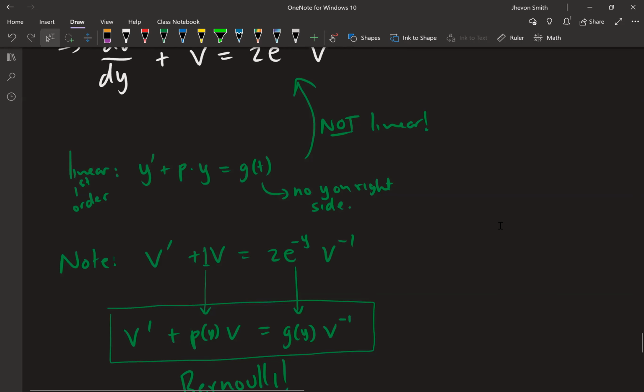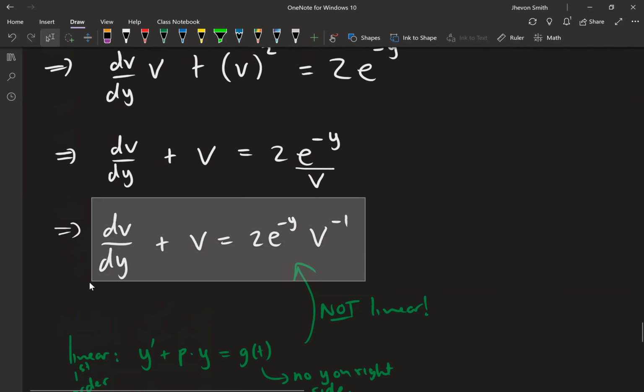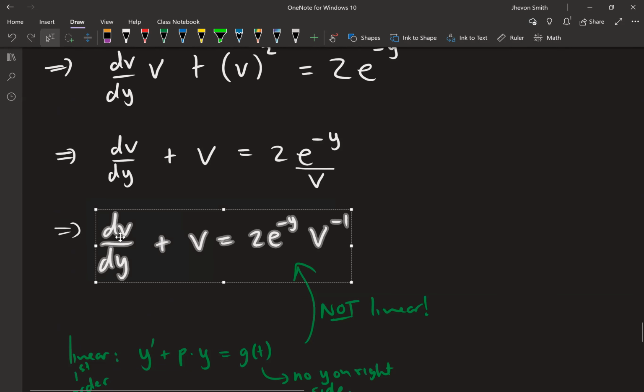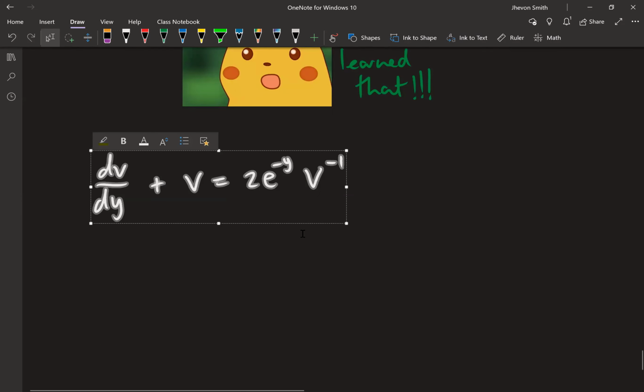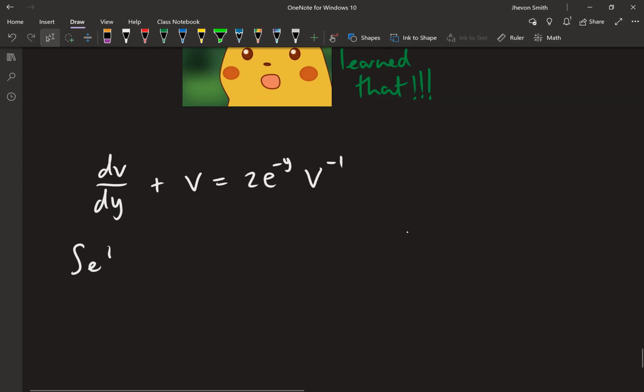So now what I would do is we're going to have to do another substitution on top of this. What I can do is set some other variable, w equals v to the 1 minus n, where n is minus 1, because this here is our n in the Bernoulli.